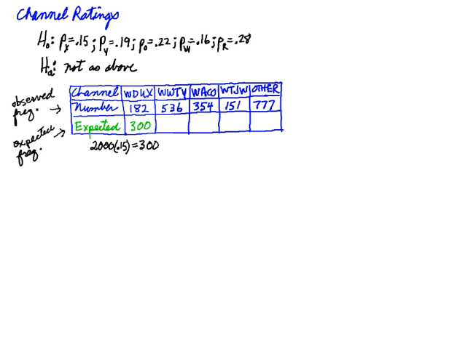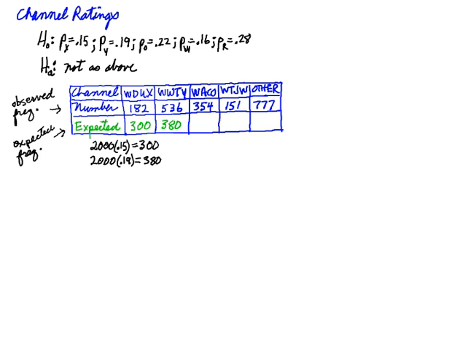Now for WWTY, we took a sample of size 2,000, and we would expect to have seen, if nothing's changed, 19% of that sample go to WWTY. Now that's 380. So that's what we would have expected to see. Well, we observed 536.